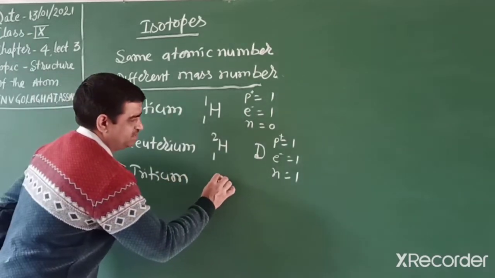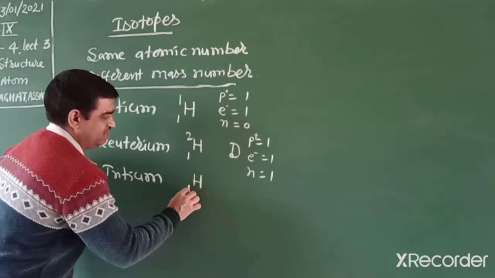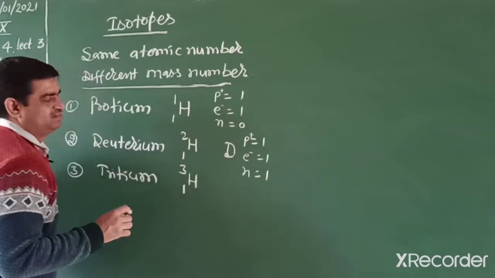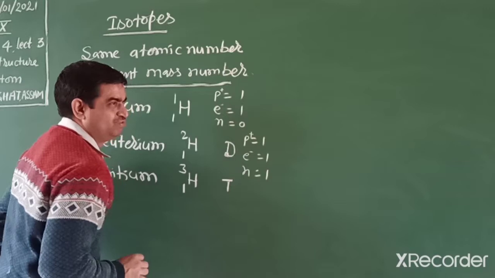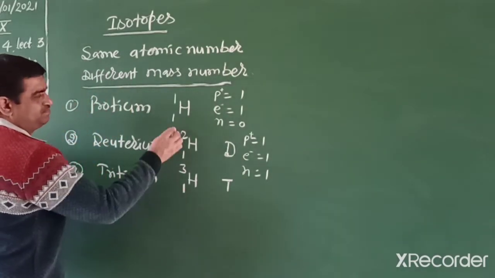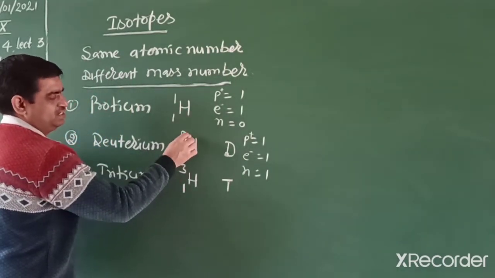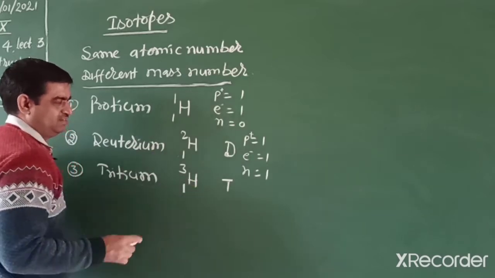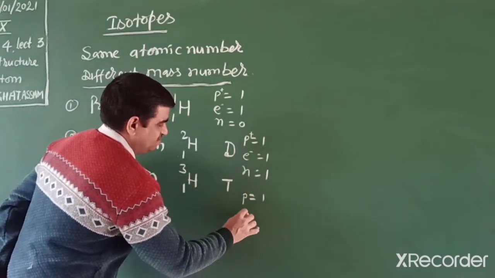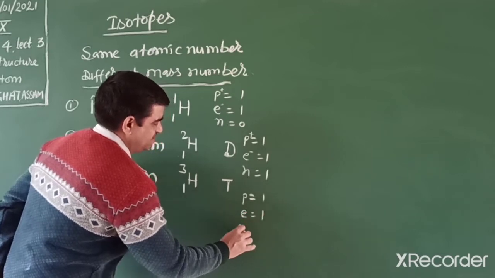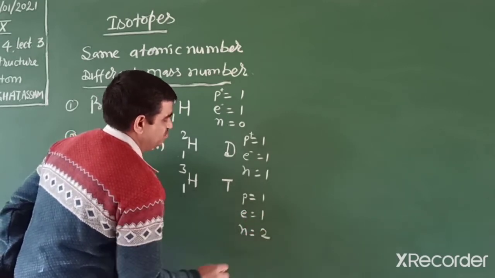Tritium is represented as 1H3, and sometimes by capital T, along with 1H1 and 1H2. In this, the number of protons is 1, electrons 1, and neutrons 2.